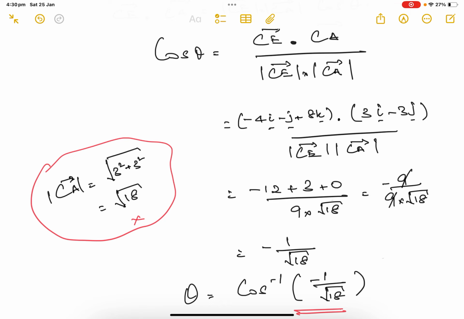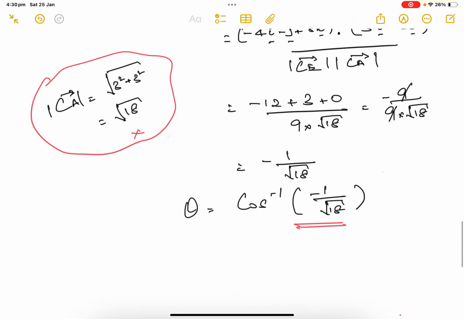So modulus CA is root 18. So minus 12 plus 3 plus 0 divided by 9 times root 18. Minus 12 plus 3 is minus 9, and then the 9 cancels out. What we are left with is minus 1 over root 18. So that is cos theta.